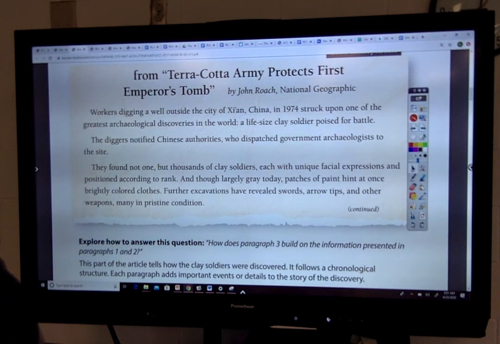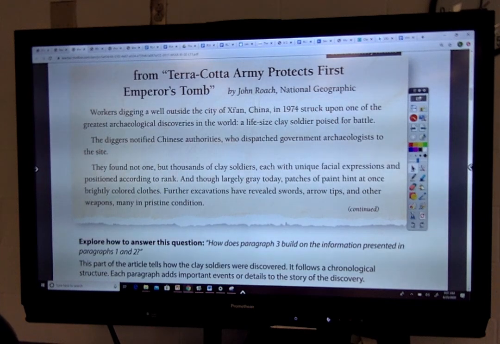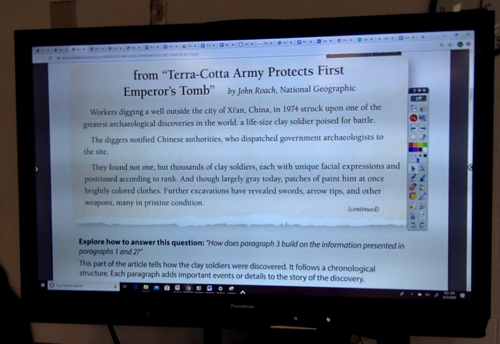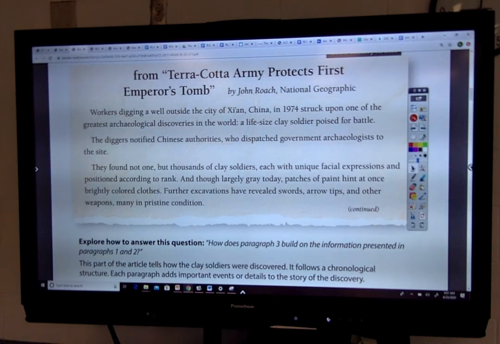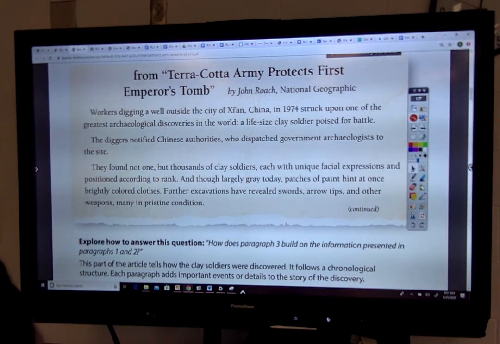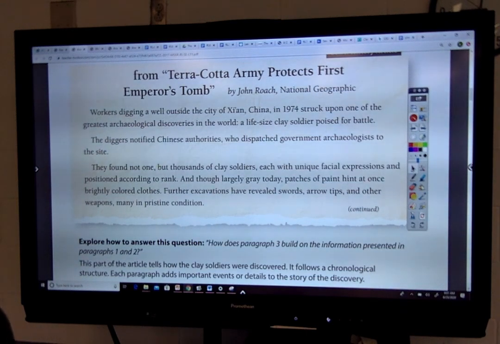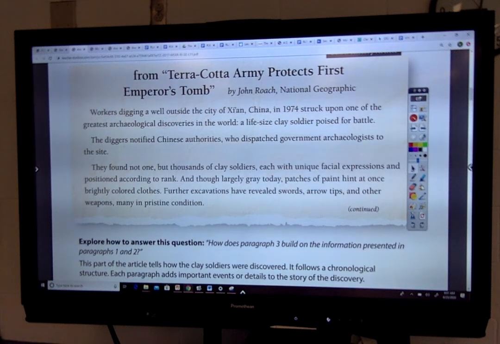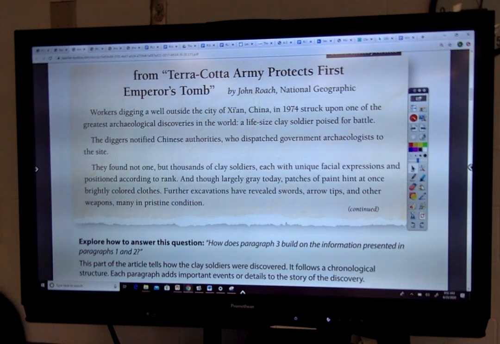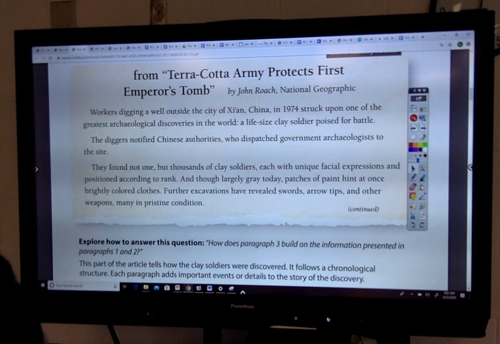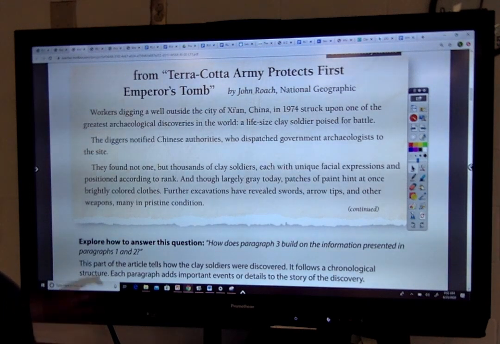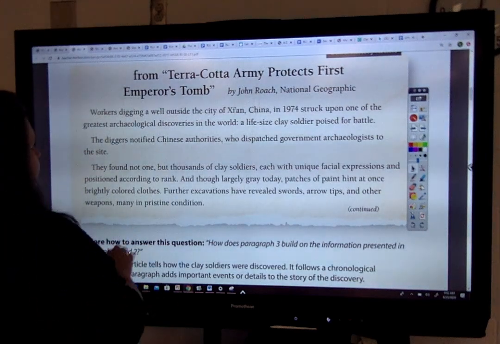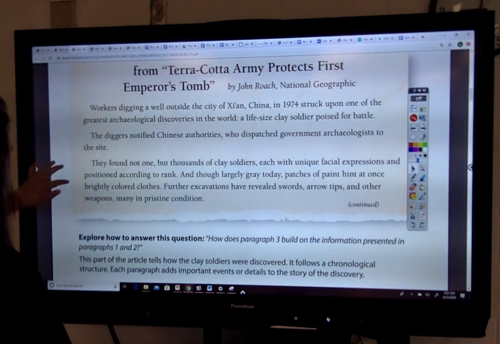The diggers notified Chinese authorities, who dispatched government archaeologists to the site. They found not one, but thousands of clay soldiers, each with unique facial expressions and positioned according to rank. And though largely gray today, patches of paint hint at once brightly colored clothes. Further excavations have revealed swords, arrow tips, and other weapons, many in pristine conditions. Okay, pristine just means good condition.